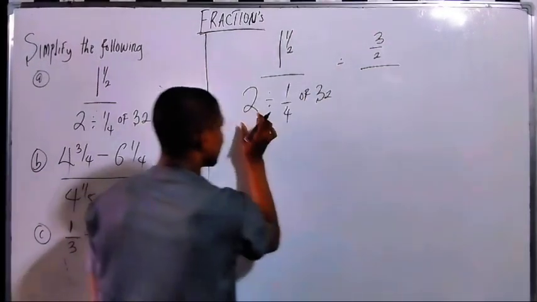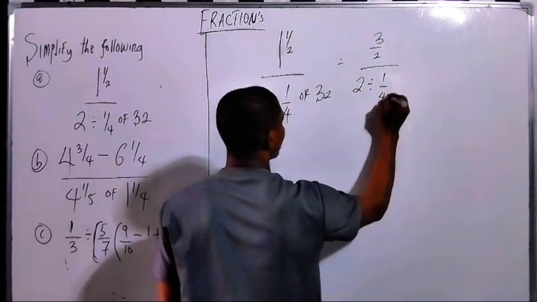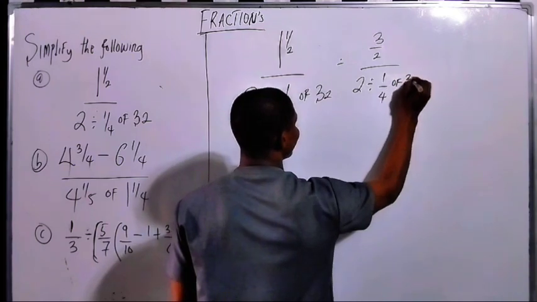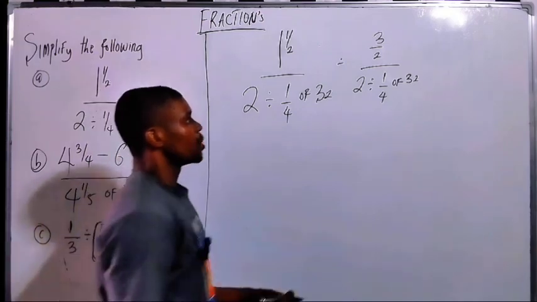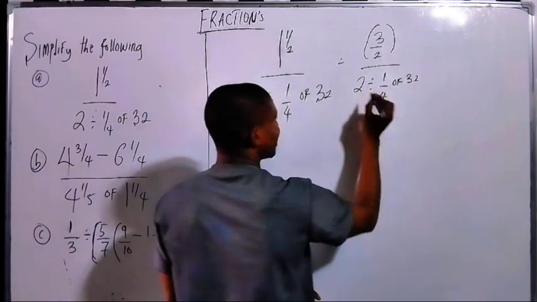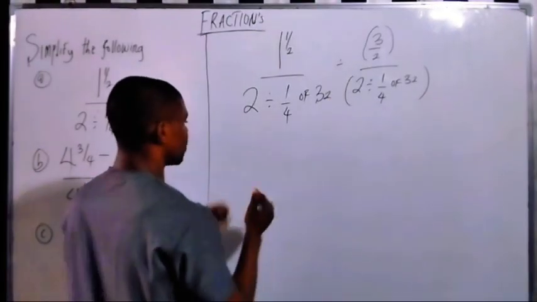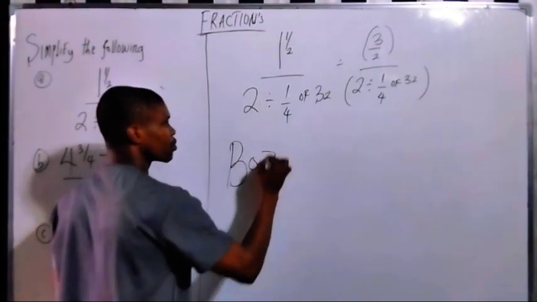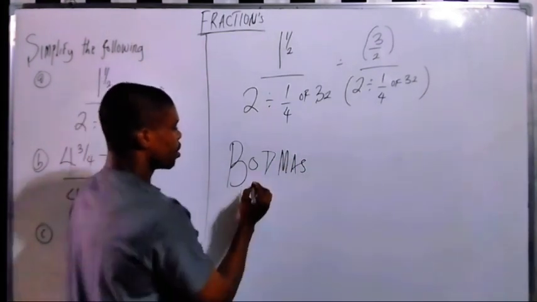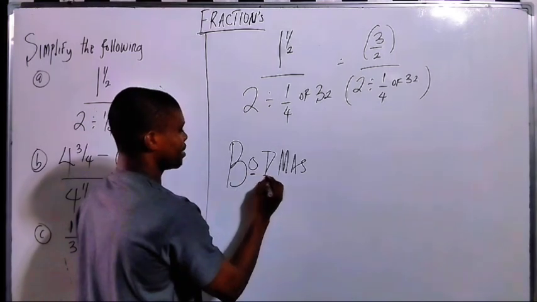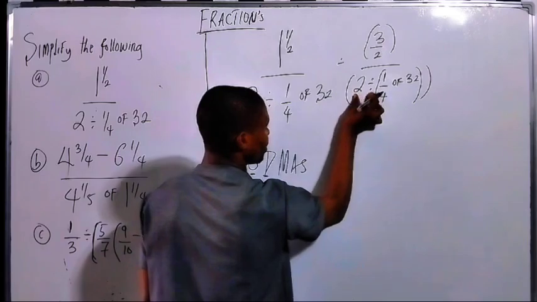Now, here we have 2 divided by 1 over 4 of 32. This is where we want to use the concept of BODMAS. This is the numerator, and this is the denominator. If you look at the concept of BODMAS, O will come before D. So you have to simplify this one before this one.